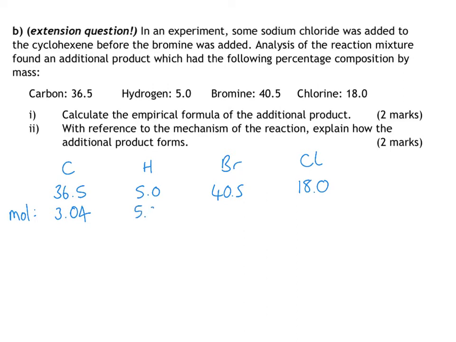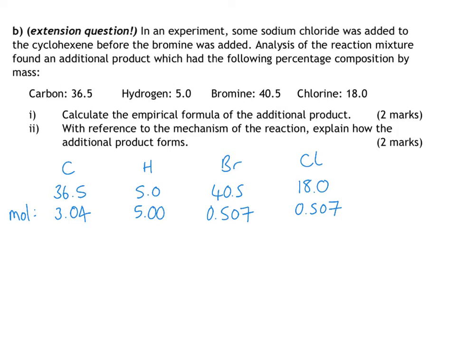Obviously hydrogen is simply being divided by itself because it's 1 gram per mole. Bromine we're dividing by 79.9, that gives us 0.507, and chlorine we're taking 18 divided by 35.5, which also gives me 0.507 to 3 significant figures.